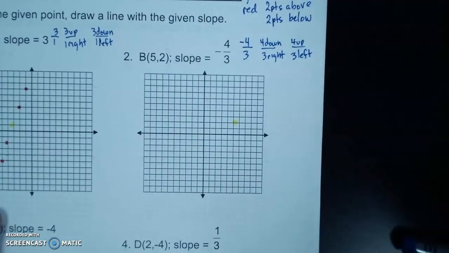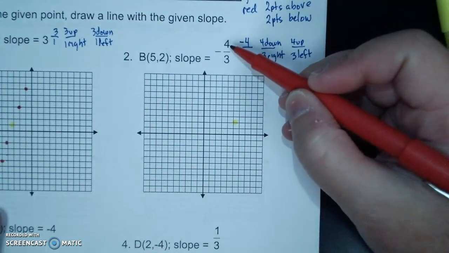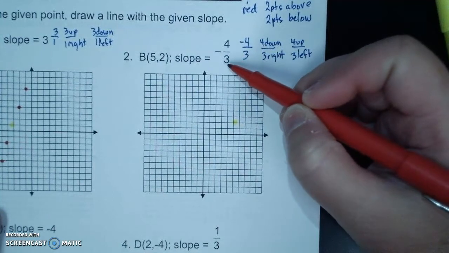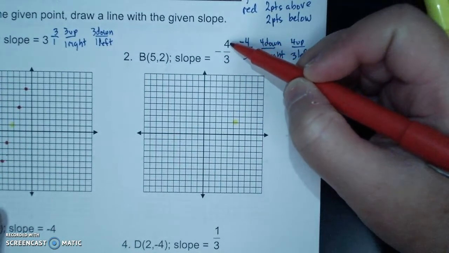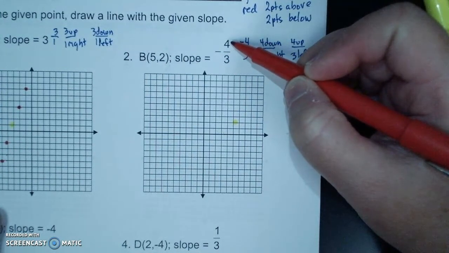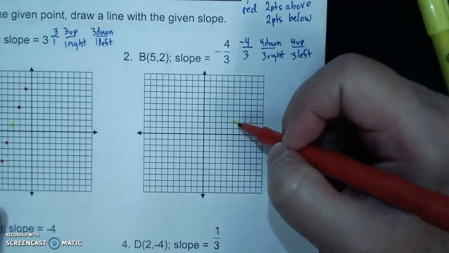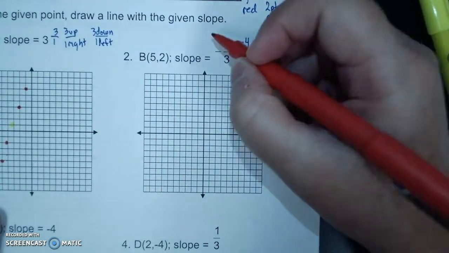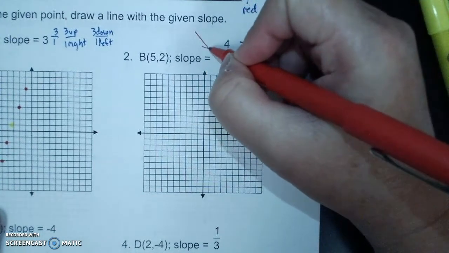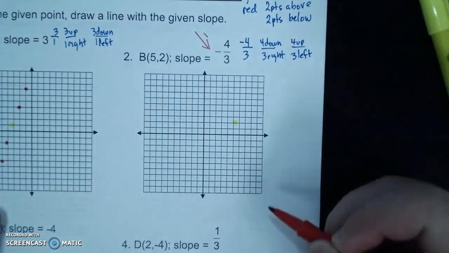That's how you read slope, because the numerator is the rise and the denominator is the run. This is the up, down. It's either up or down, and this is either left or right. And if you notice, this is a negative slope, so it's going to be like that.